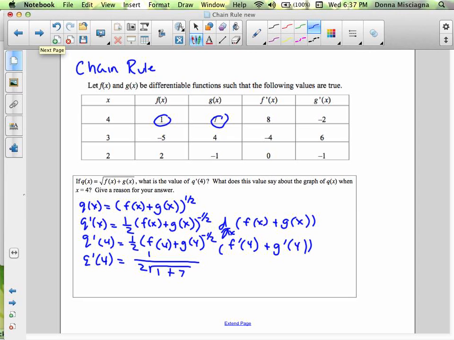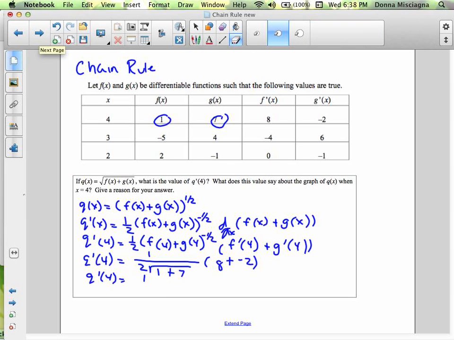And then we're going to multiply that by f prime of 4, which is 8, plus g prime of 4, which is negative 2. Just making sure. Yeah, I guess so. All right, so q prime of 4 is going to be 1.